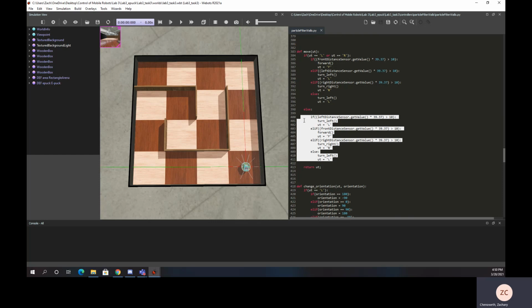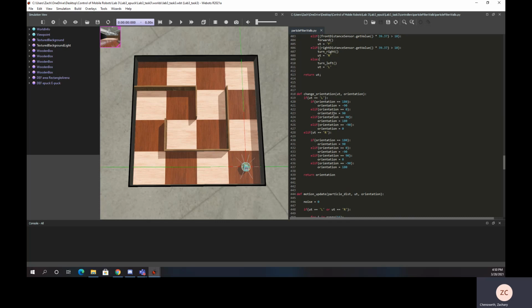Otherwise, we want to prioritize a left turn, then a forward motion, then a right turn in that order, with left turn being the highest priority and right turn being the lowest priority. The reason we did that is because we need some algorithmic way to navigate the maze to make sure we hit all the cells no matter what the map looks like.